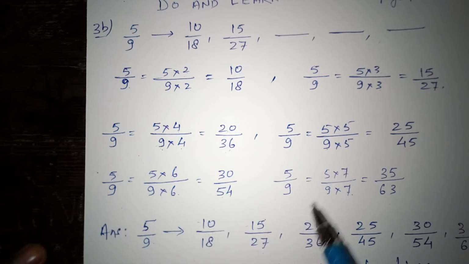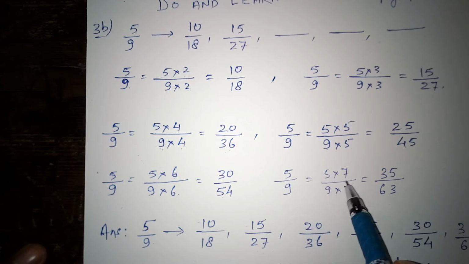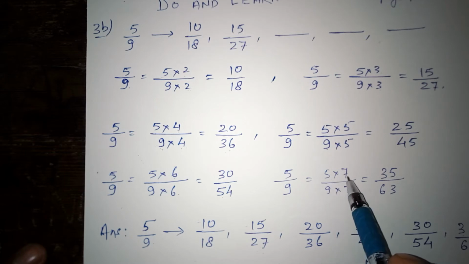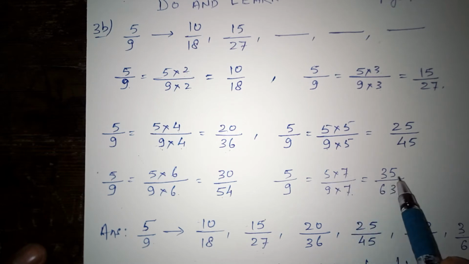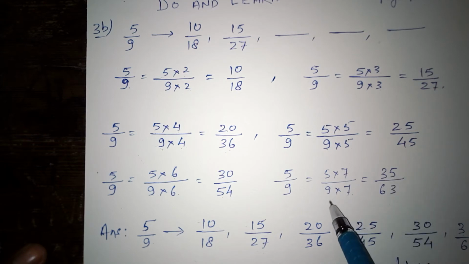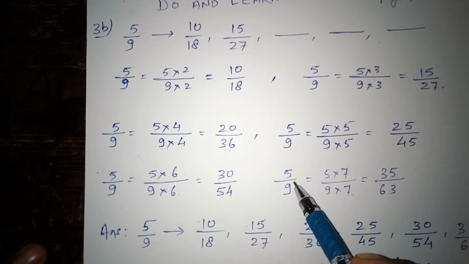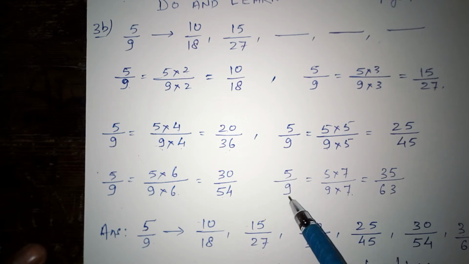Then we multiply 5 upon 9 by 7 in numerator and denominator. 5 multiplied by 7 gives 35, and 9 multiplied by 7 gives 63. 35 upon 63 is an equivalent fraction of 5 upon 9.